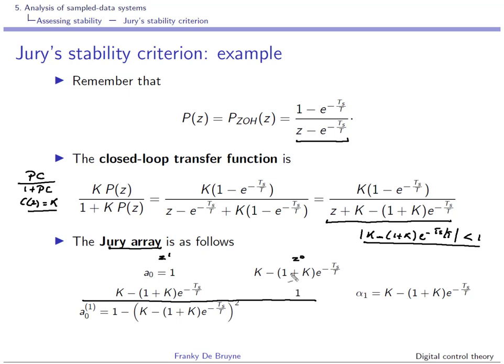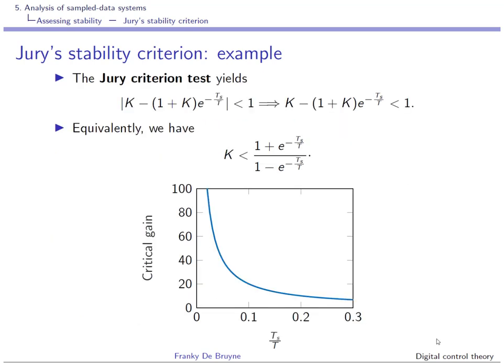It's this one over this one, so that's alpha 1, and this one over here has to be positive. Well, it's a0 minus this one times alpha 1, so it's 1 minus this expression here squared, and you can see that this is of course equivalent with what you see over here. Well, this is the condition that we had found with the Jury criterion test, although we didn't need it here.